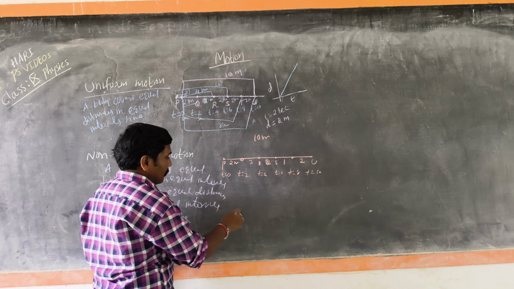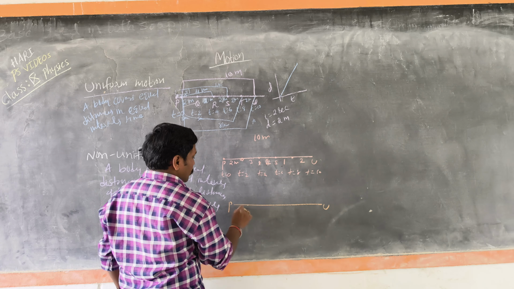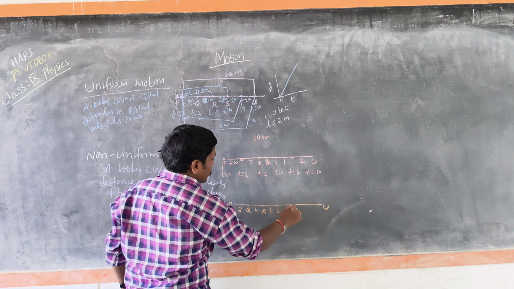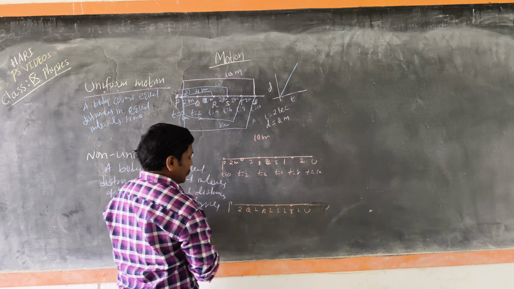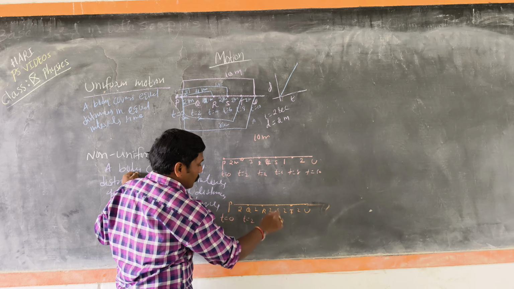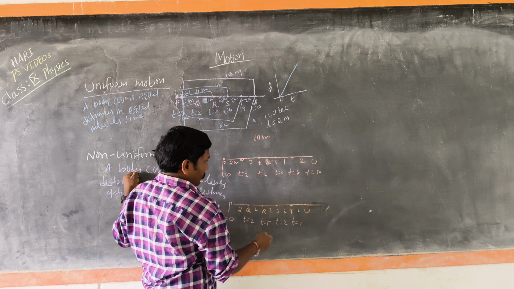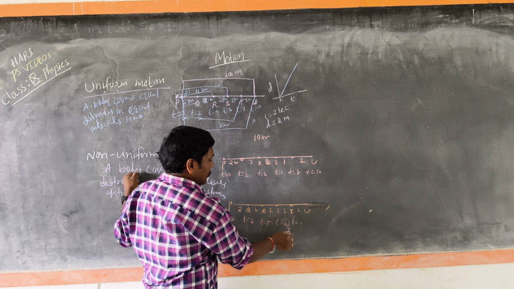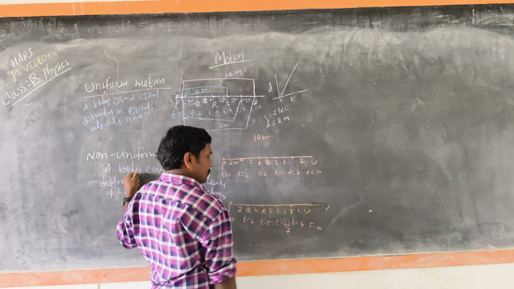Let us take one more example. The same example, P to U. P to Q 2 meters, Q to R 2 meters, R to S 2 meters, S to T 2 meters. Here also 2 meters each, but the time intervals: t equal to 0, t equal to 2, t equal to 5, t equal to 7, t equal to 8, t equal to 10 seconds.